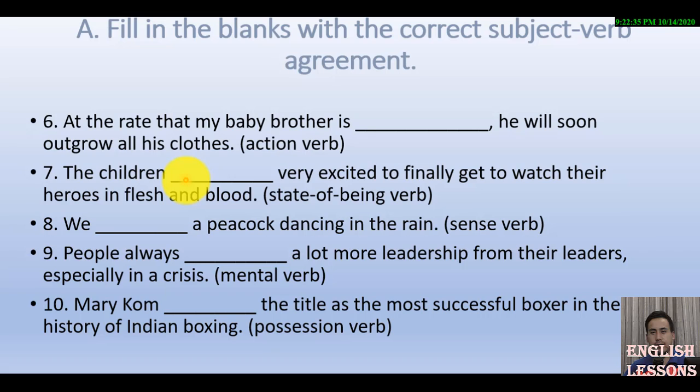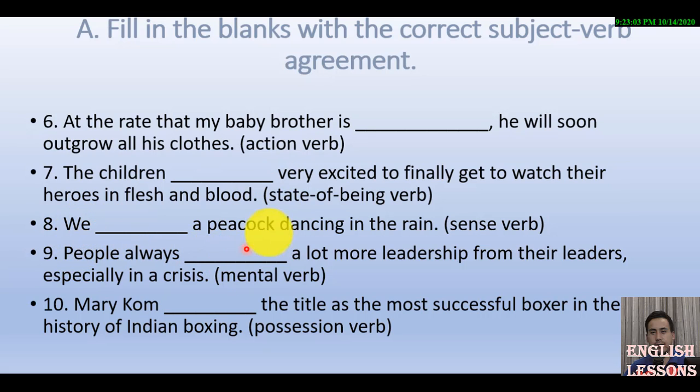The children dash very excited to finally get to watch their heroes in flesh and blood. The children are very excited to finally get to watch their heroes in flesh and blood. The children are, the children were, doesn't matter. 8.